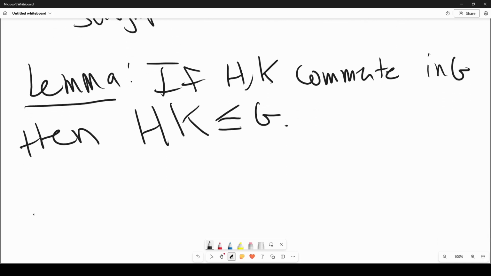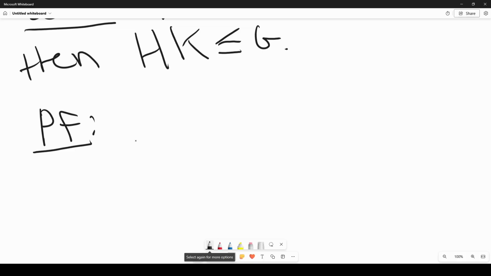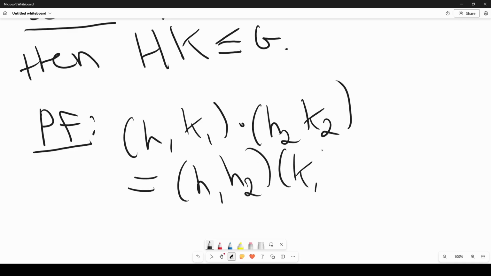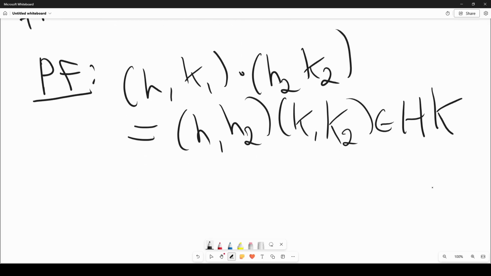Okay, let's prove this. It's pretty straightforward. So if I take h1k1, which is in HK, and multiply by another element, h2k2, since H and K commute, this is equal to h1h2 times k1k2. Remember, if they commute, I can swap any two elements, so I can just move them around until it looks like this, but clearly this is in HK. So this tells me that HK is closed under multiplication.